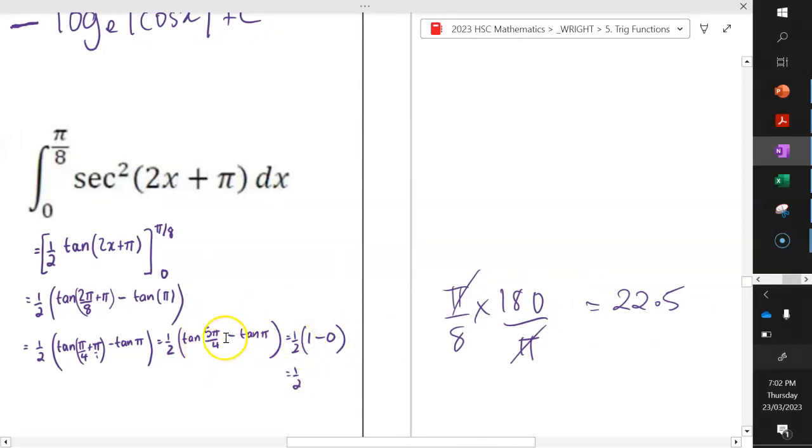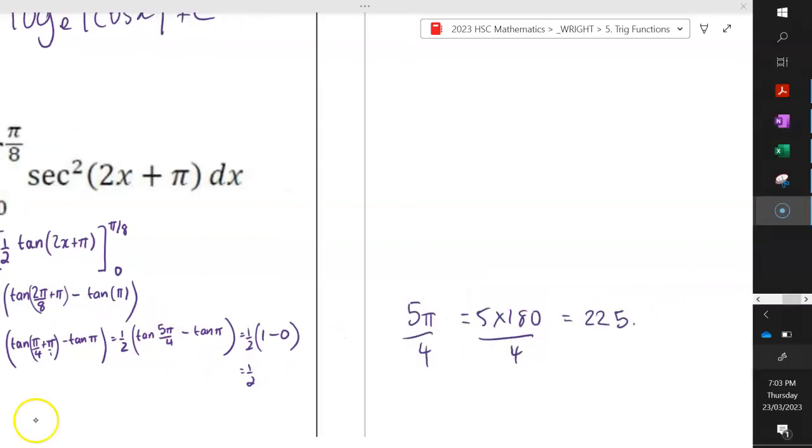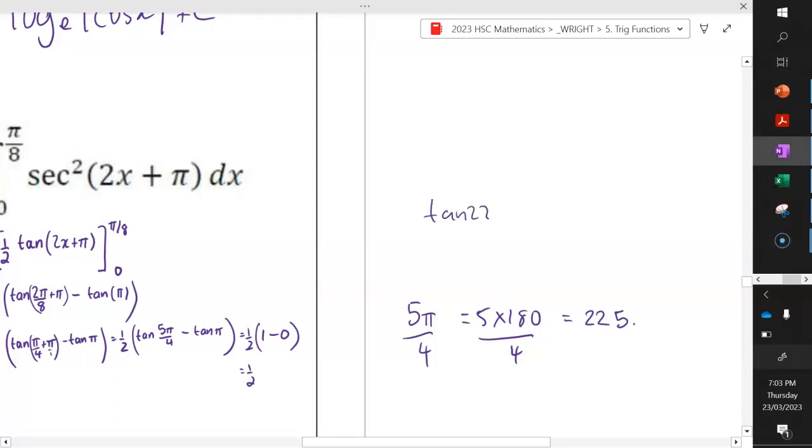You may need to work out what 5 pi over 4 is. And we could pop that in our calculator, or we could actually just go and work it out. Okay, so 5 pi over 4 is 5 times 180 over 4, which is 225 degrees. So we've got tan of 225 over there, minus tan of 180. Now tan of 180 is 0, so you can either pop that in the calculator or use your unit circle.